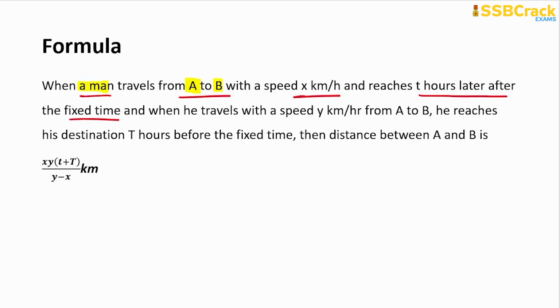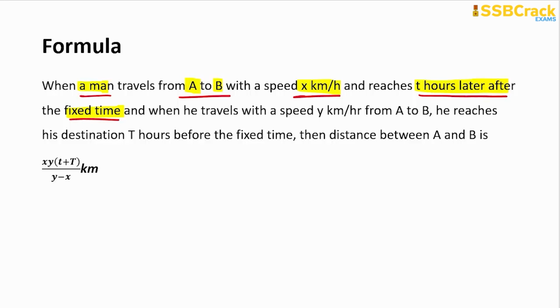So here we have a man who is starting from the point A with the speed of x km/h, but with this speed, he is reaching his destination t hours later after the fixed time. See, there must be a fixed time for a journey, but with this speed x km/h, he has got late and he has got t hours late.